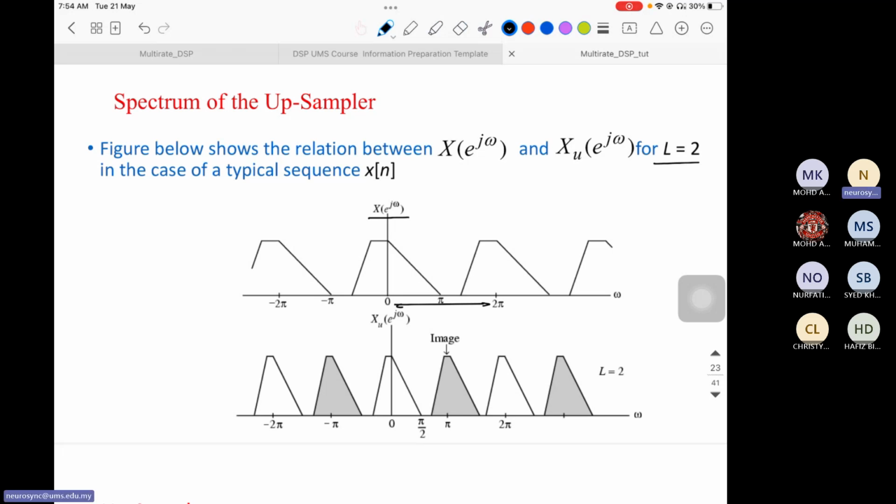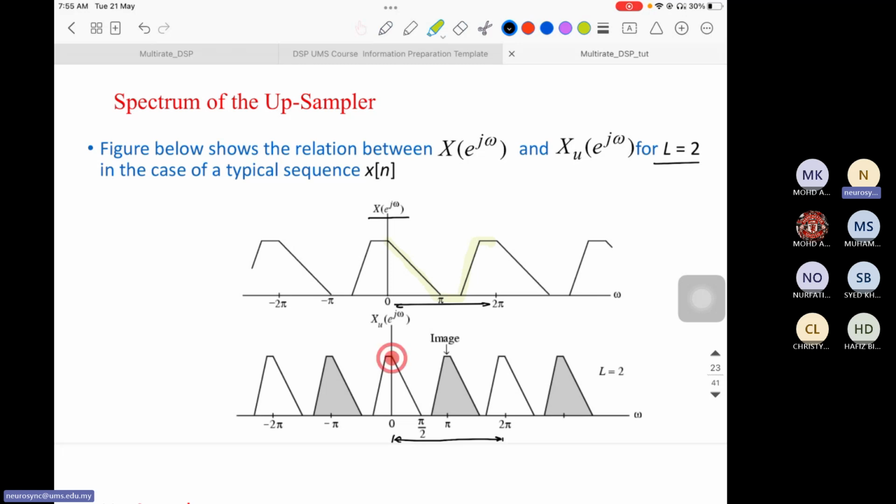You can see the output X_U of e to the power j omega is for factor L equal to 2. If I say this is one time period, this is the spectrum in one time period.